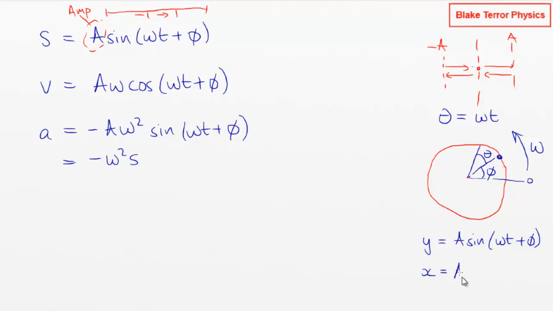The x coordinate is going to be a cos omega t plus phi. And I could have written up here, this bit, I could have put cos here rather than sine. Hasn't really changed anything if I put cos in there instead of sine. All I get is that would be a cos. I then have minus sine here, and then I'd have minus cos here. Doesn't change this final equation that the acceleration is still proportional to the displacement. And this is what we'd expect.